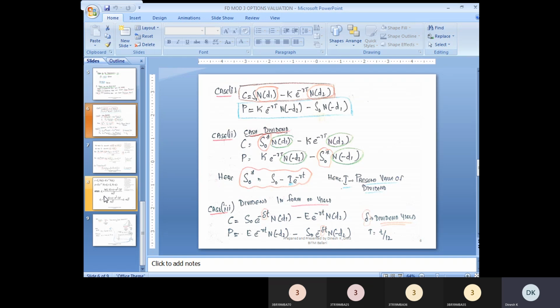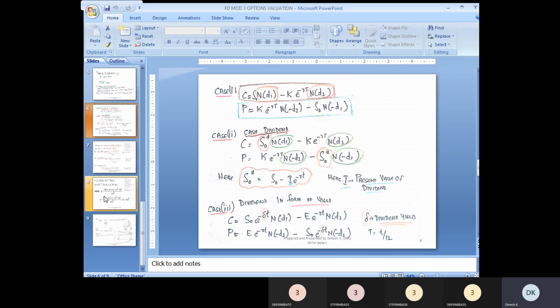The adjustment is: call price C equals S naught into e to the power of minus delta T into N(D1) minus exercise price E into e to the power of minus RT into N(D2), right? Whatever delta value has been given, we take exponential to the power of minus delta T. So delta represents the dividend yield there.